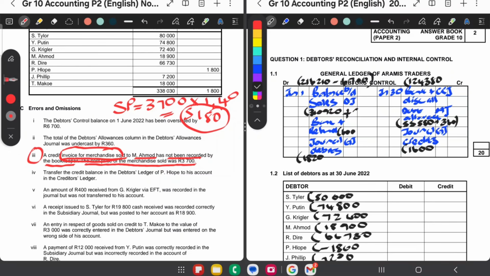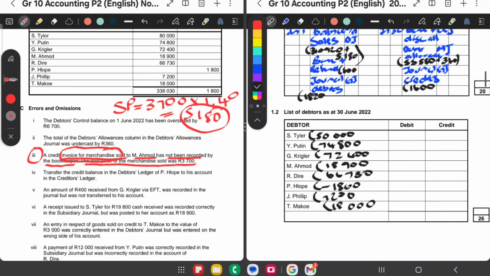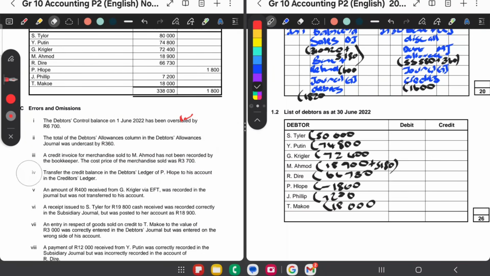I'm going to add, oh, I don't have space, okay, I'm going to add 5,180. And then to the list, M. Ahmed, I'm going to add 5,180. So if an invoice is left out, you add that amount. Next adjustment says transfer the credit balance in the debtors ledger of P. Klope.